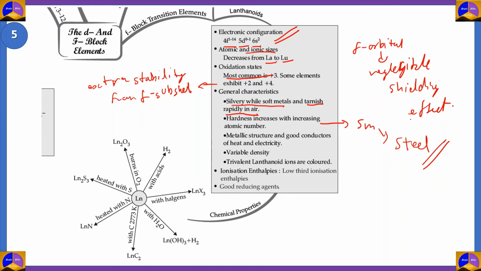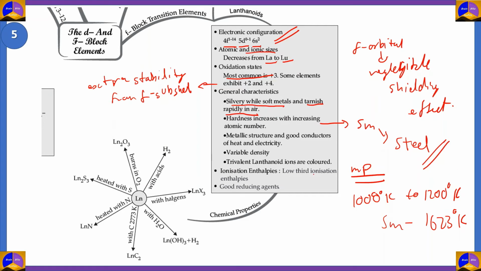Another important point is the melting point. The melting point of lanthanoids ranges between 1000 Kelvin to 1200 Kelvin. The only exception is samarium, which has a higher melting point of 1623 Kelvin.